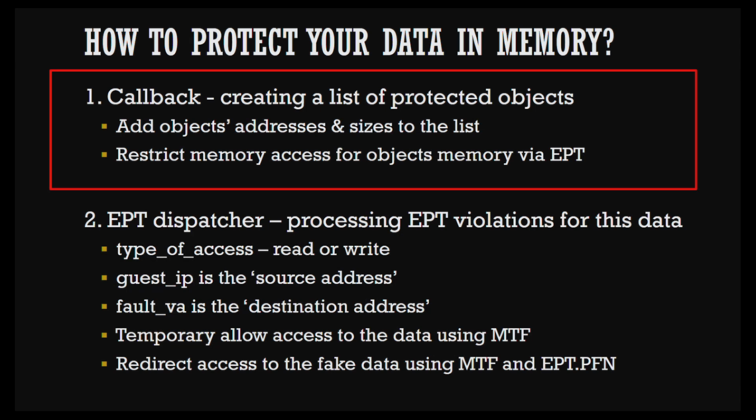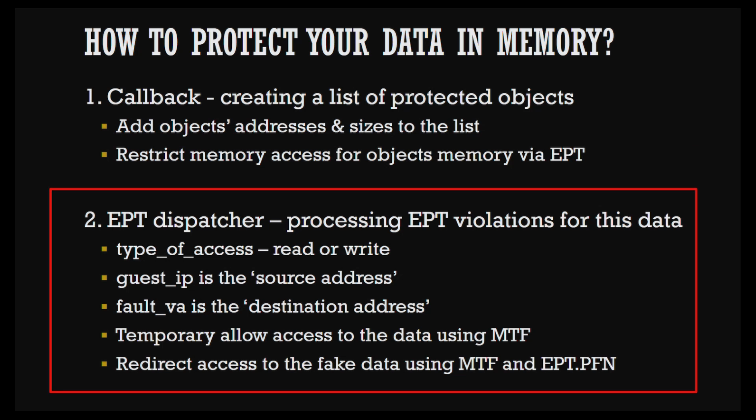Here are the steps to add new data to be protected by my MemoryRanger. First of all, you need to create a list of addresses and sizes of memory regions which need to be protected and clear access bits to restrict the access. Don't forget to update your list, for example, using callback functions. Then dispatch EPT violations which occur during access to your data.